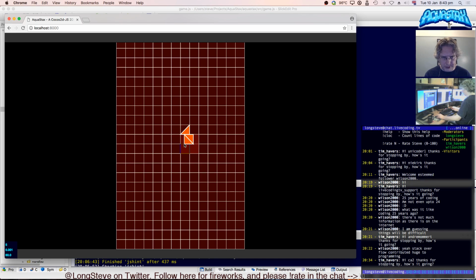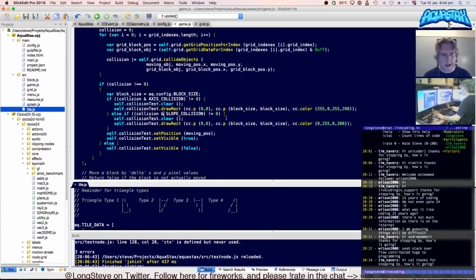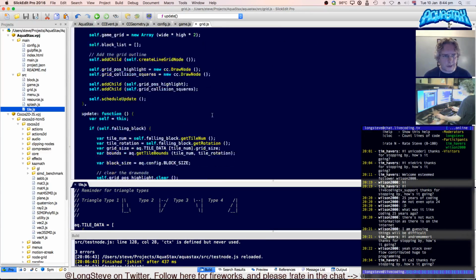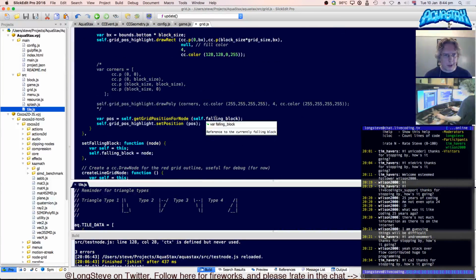We've got an axis collision, which is that, which means the block would sit on top. And then we've got a point collision, which is that, which means that the moving block should shatter. Anyway, I'll worry about that later. Okay, so it's actually doing something useful. So that's working now.